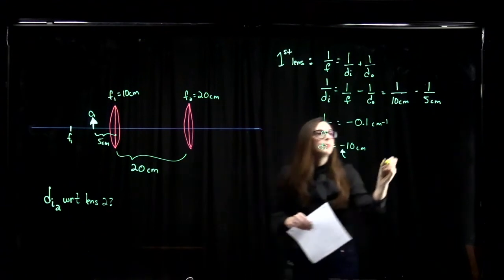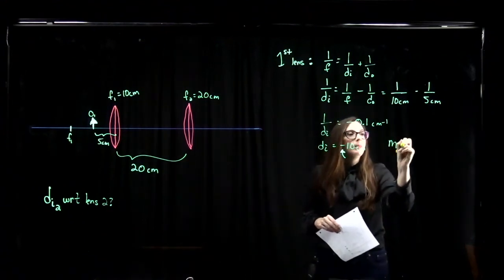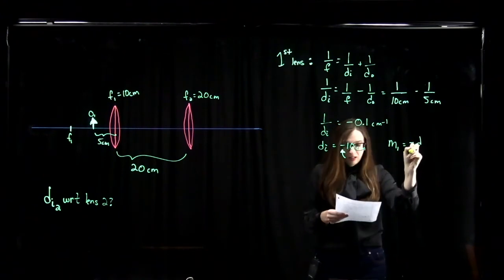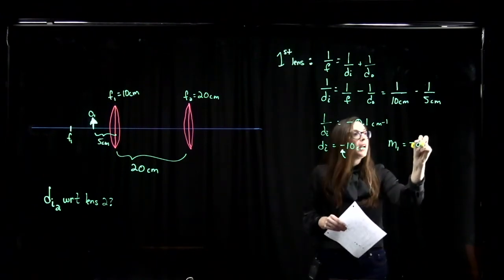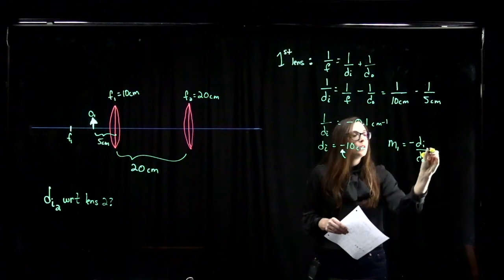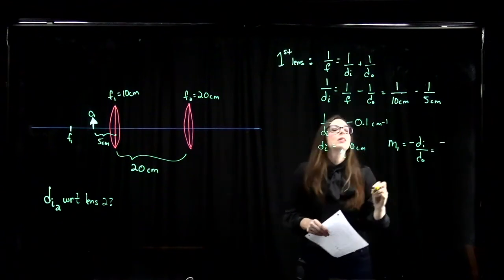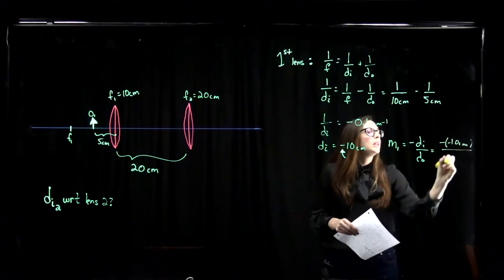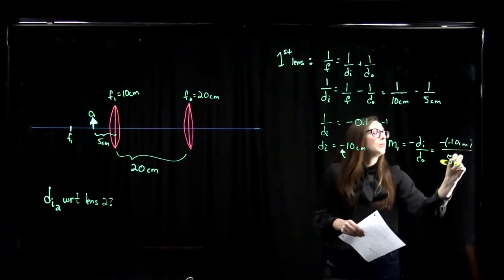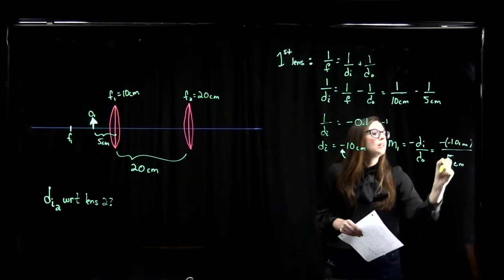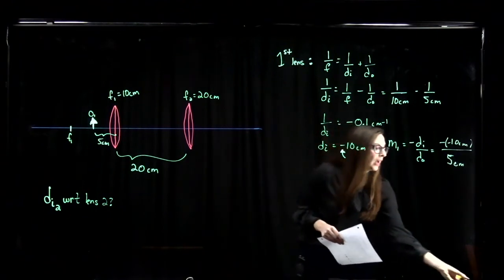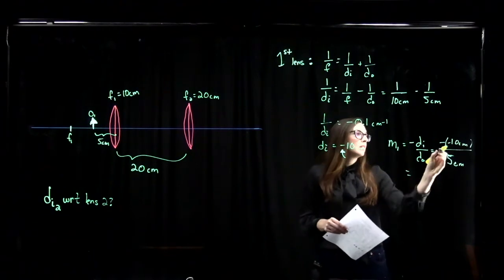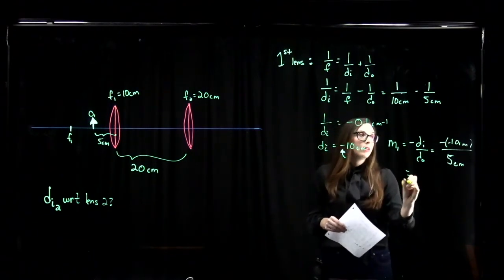But before I draw it in there, let's figure out what the magnification is for the image for the first lens. The magnification, we call it m sub 1, is equal to minus di over do. So that's going to equal minus negative 10 centimeters over do, which was 5 centimeters. Remember, do is the distance that the object is from the lens. Di is the distance that the image is from the lens. So that gives us 10 over 5, so that's 2.